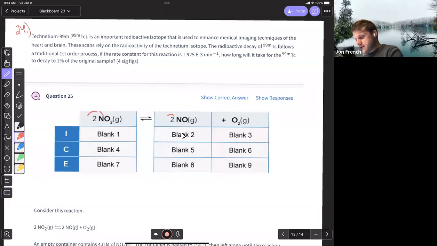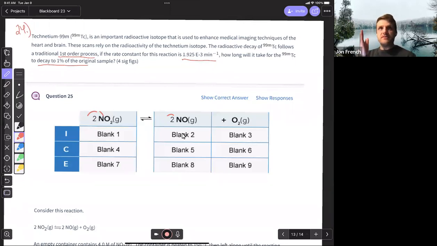They give us the rate constant of the reaction. Here's our rate constant. They tell us it's first order. And they want us to find out how long it's going to take for all the technetium to break down to 1% of the original sample.